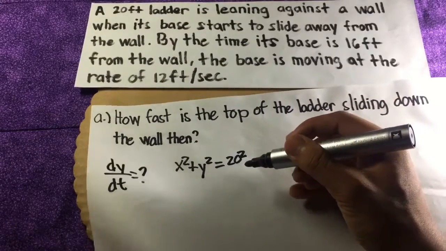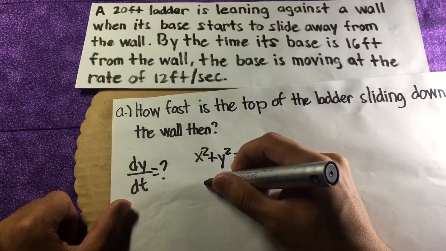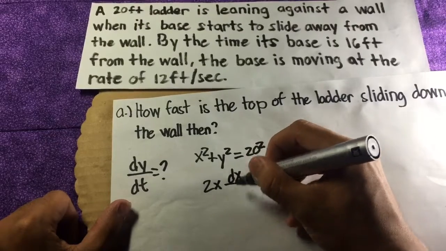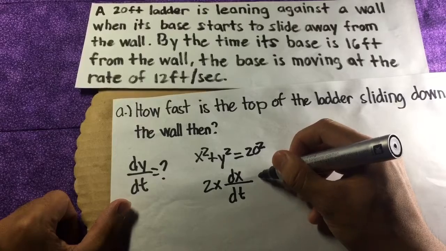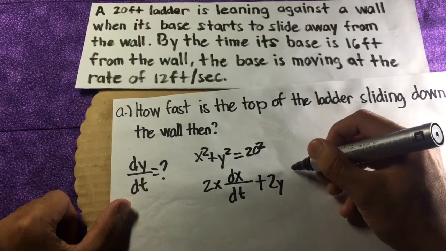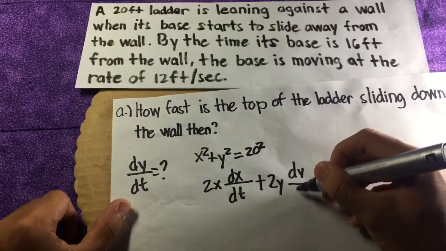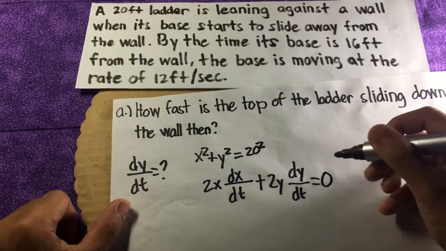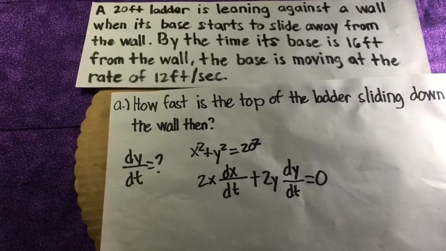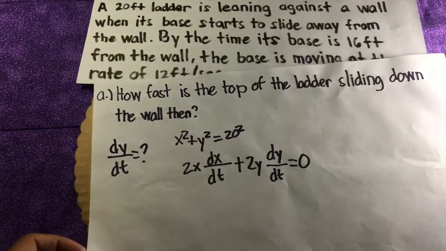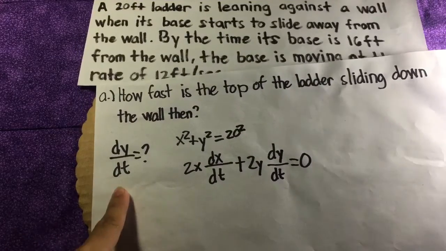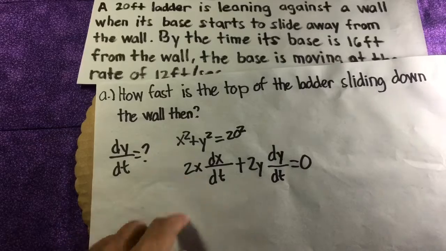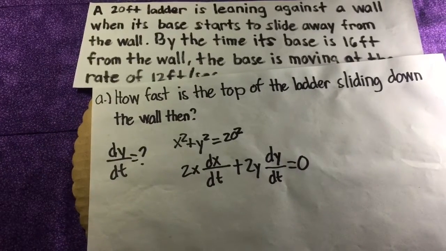So in our equation, we're going to have 2x times dx over dt plus 2y times dy over dt is equal to 0. So what we're going to do is solve dy over dt in terms of x, y, and dx dt.